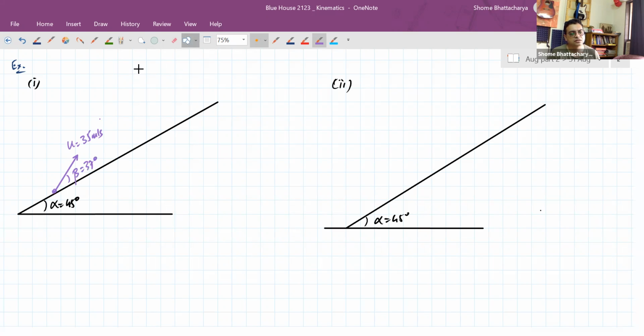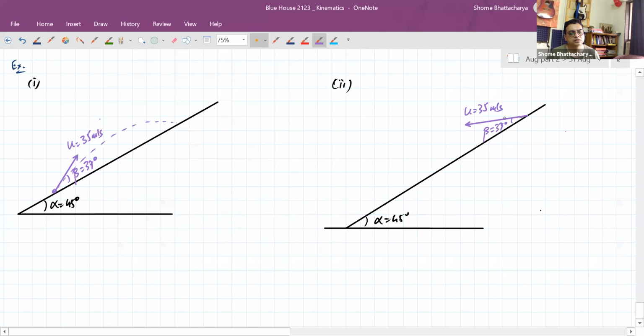In the second case, we are projecting somewhere like this. Again, where this angle is 37 and the speed of projection is 35 meters per second. We'll take g as 10 in both the cases. So we have to calculate all those standard things.